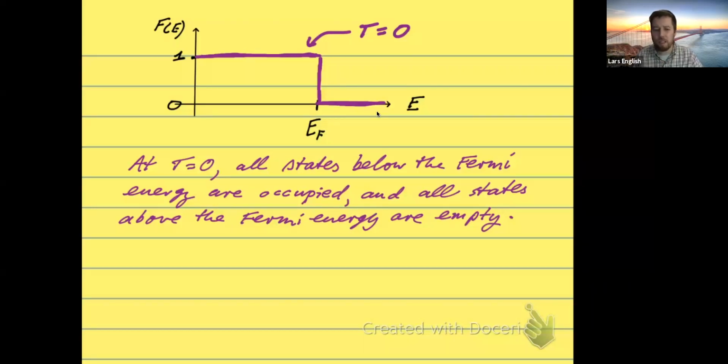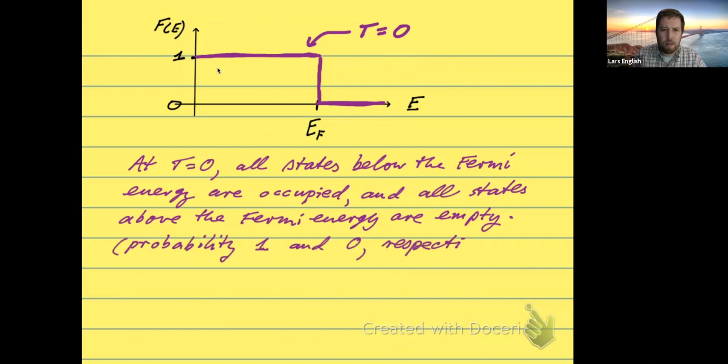So we've basically said all of this in words many times. So this is a probability density. So really the probability of a state being occupied is 1 if the energy of that state is below the Fermi energy, and the probability of a state being occupied is 0 if that state's energy is above the Fermi energy, E sub F. Kind of makes sense.